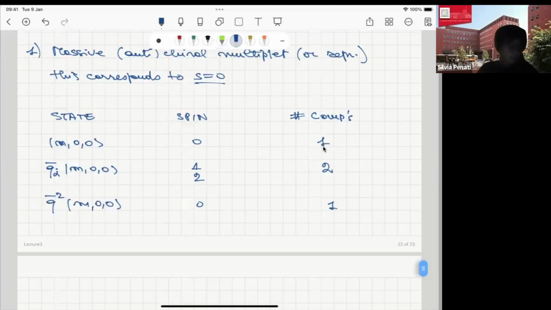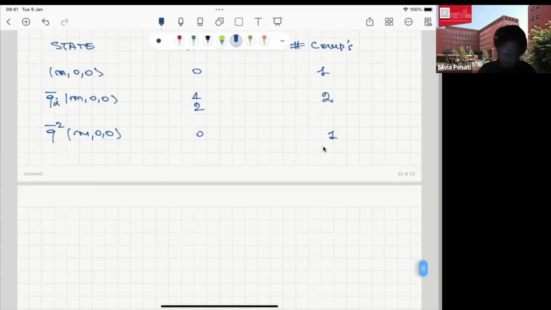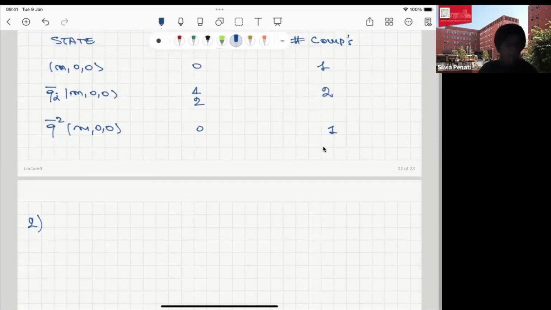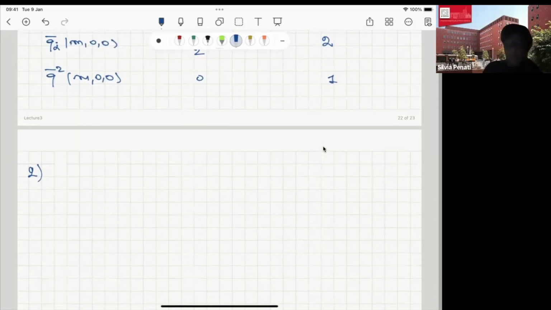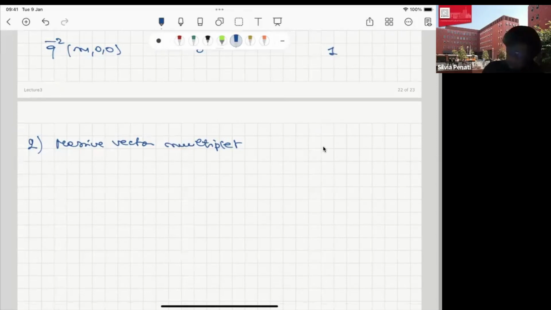Another relevant multiplet or representation that we can define is the one which corresponds to spin 1/2. This is the massive vector multiplet or representation corresponding to s equal to 1/2. So in this case, state, spin, number of components.